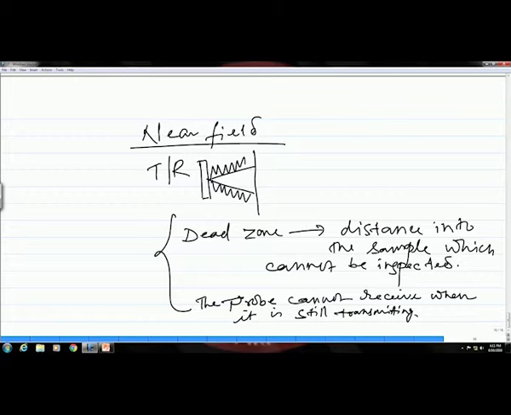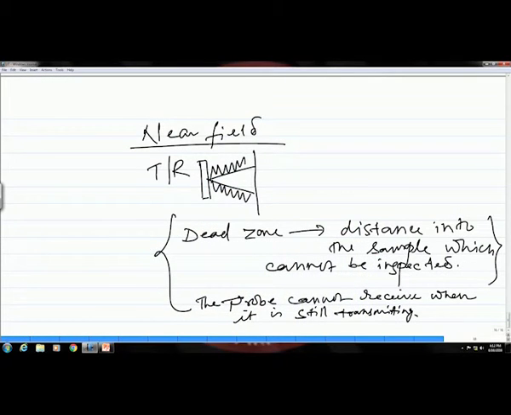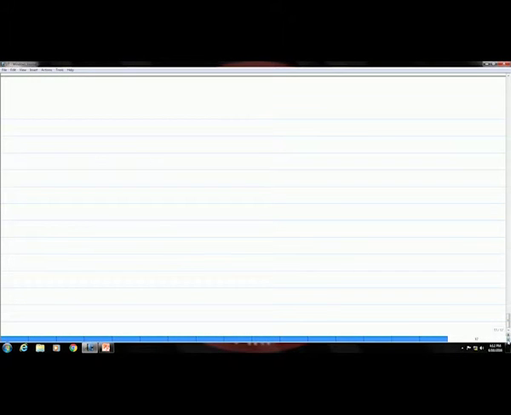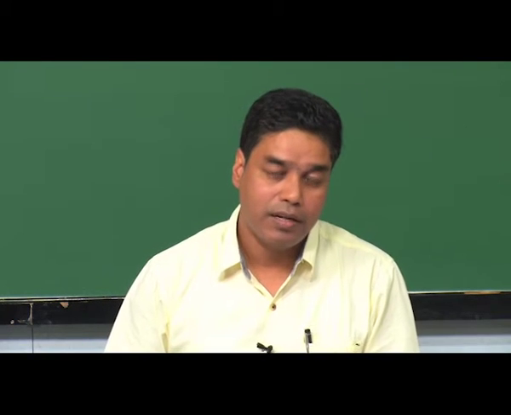And due to that fact, the near surface defects or near surface echoes may be missed. So, that particular distance which cannot be inspected due to these fluctuations, as I said, is known as the dead zone. Okay. But there are some ways, some means and ways by which this dead zone can be avoided or at least can be minimized.